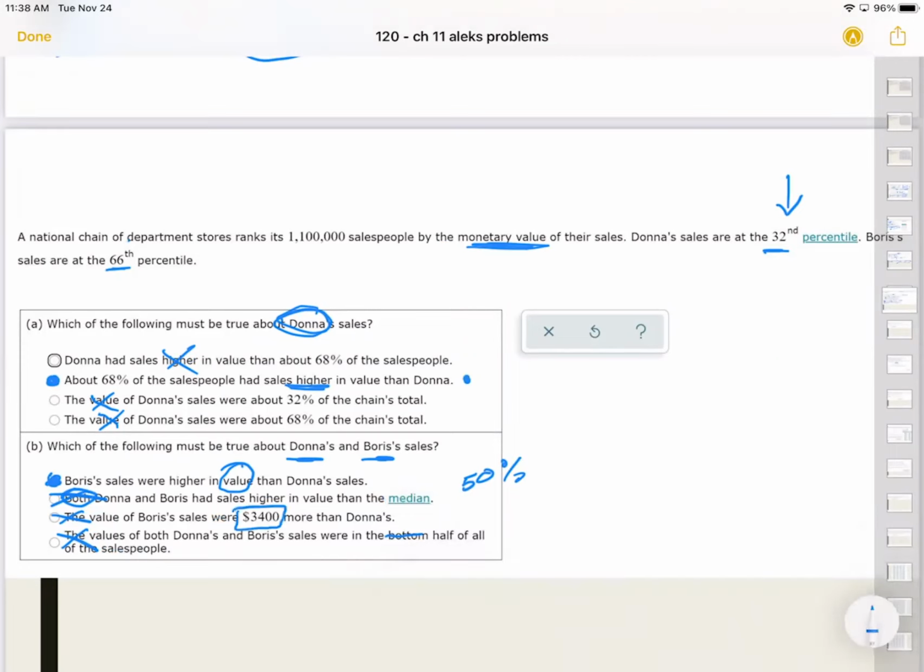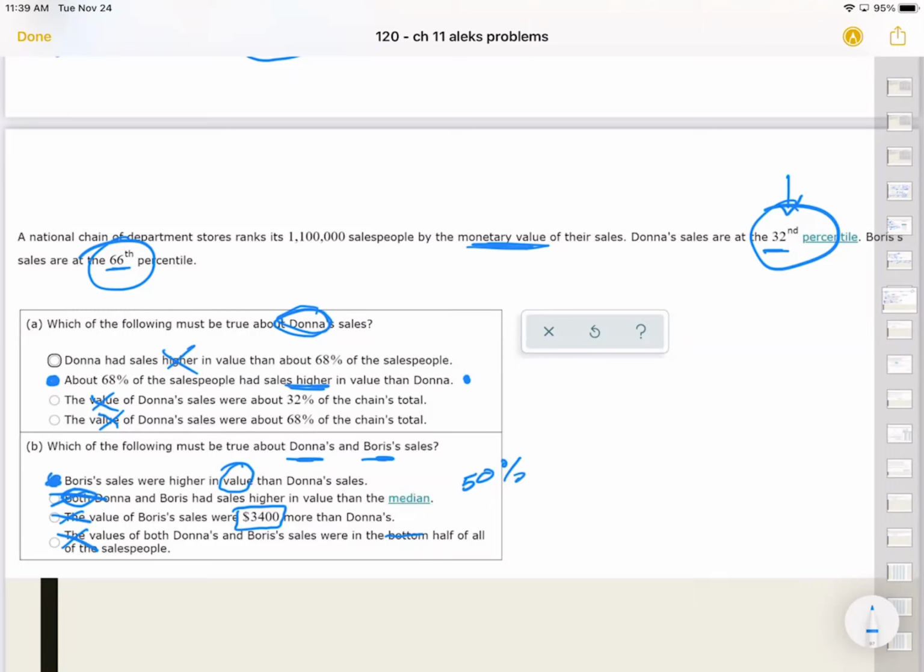But if you are at the 66% and someone is at the 32%, you must sell higher, right? In terms of the value, not the actual number. We don't know the actual number. Boris can sell $100 and Donna can sell $50, and based on the information, they might be that far apart.